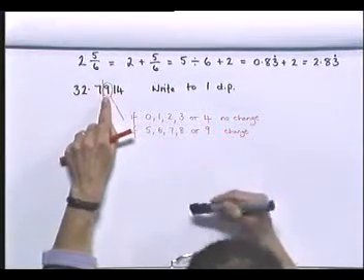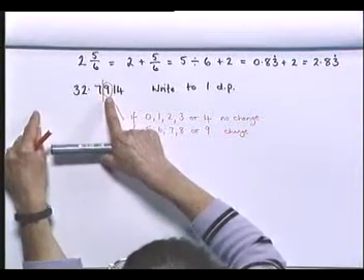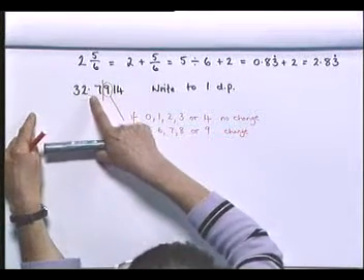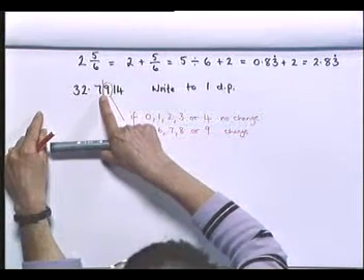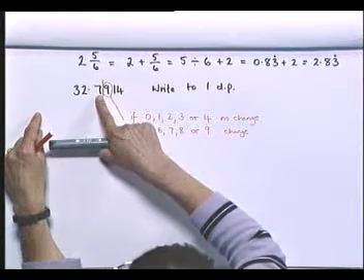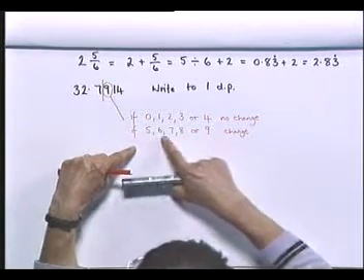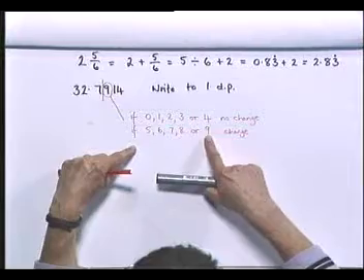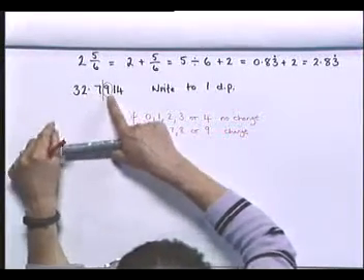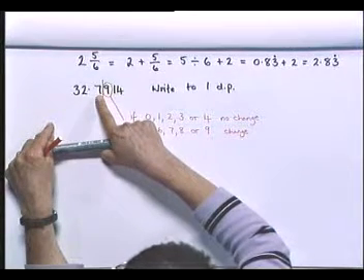Now, why is it affected? Well, if we look at this, 32.79 is actually closer to 32.8 than it is to 32.7. And that's why we've got these digits, the 5, 6, 7, 8 or 9, having an effect on here, because it's actually closer to the next digit up in this position.